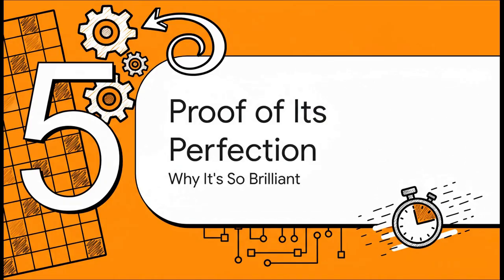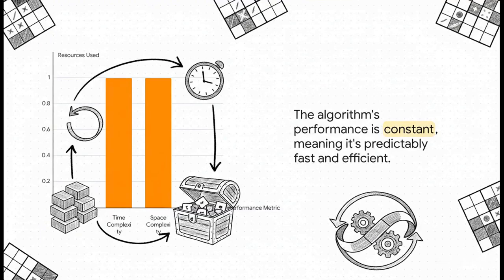So we have this beautiful logic. It works. But what makes it truly brilliant? Well, it all comes down to performance, how fast it runs, and how much memory it uses. In the world of coding, we have this thing called big O notation to measure how efficient an algorithm is. And this one? It's like it gets a perfect score. It's what we call O(1), or constant time and constant space.